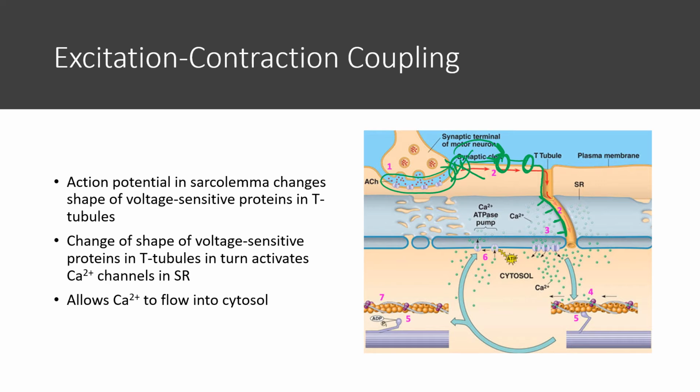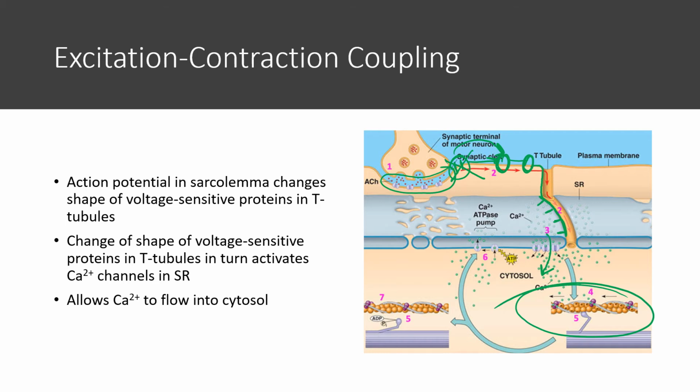calcium. So you store a bunch of calcium in the terminal cistern, and now you've just sent an electrical zap down the length of the T-tubule that opens up calcium channels in the sarcoplasmic reticulum. And this is going to allow calcium to flow into the cytosol and into the myofibrils to participate in contraction.